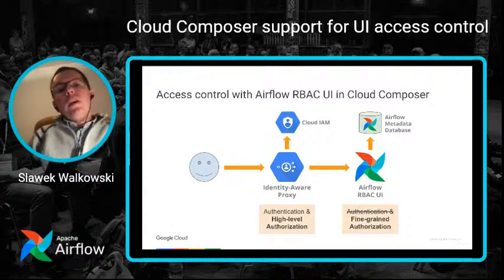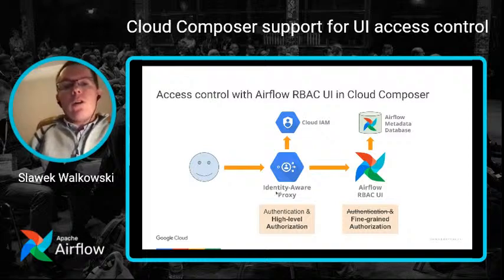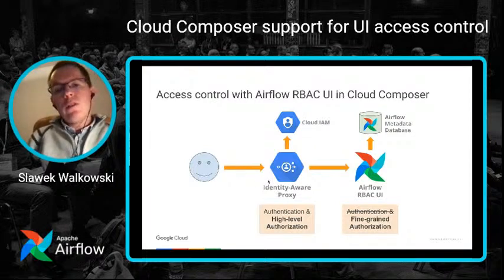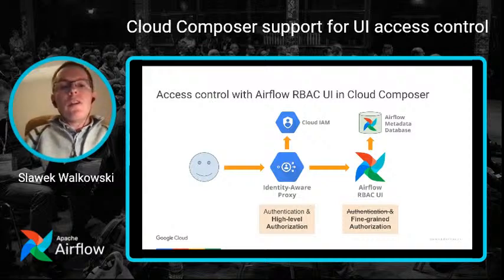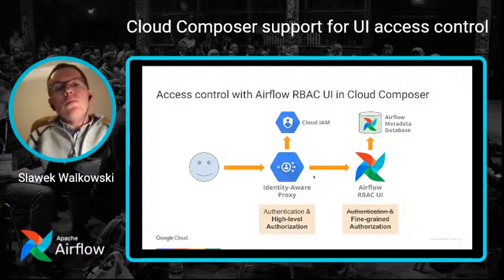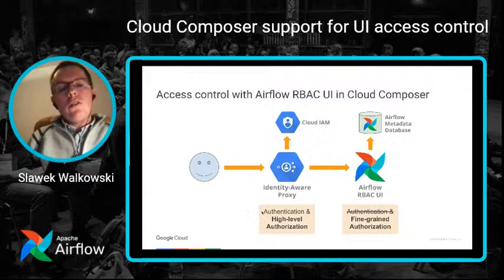So the Identity-Aware Proxy is still there. The access to the environment's web interface as a whole is still controlled through Identity-Aware Proxy. This hasn't changed. So the user authenticates here and is authorized.